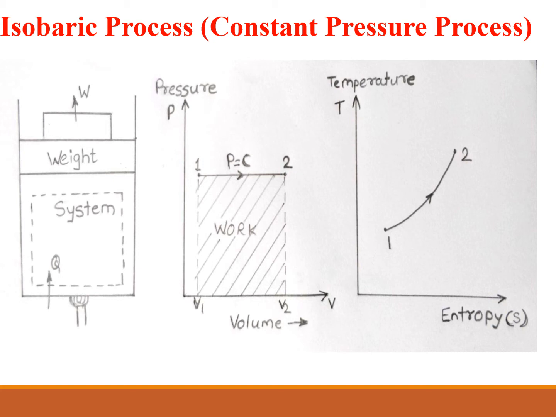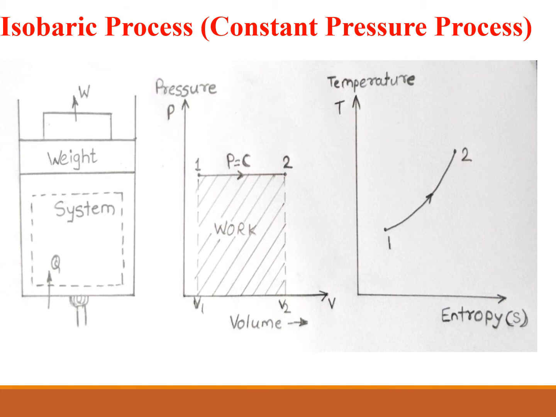The weighted piston keeps the pressure constant. You can calculate the amount of work done by knowing the change in volume of the gas and the pressure. The piston is displaced by the change in volume of the gas while the pressure remains constant.